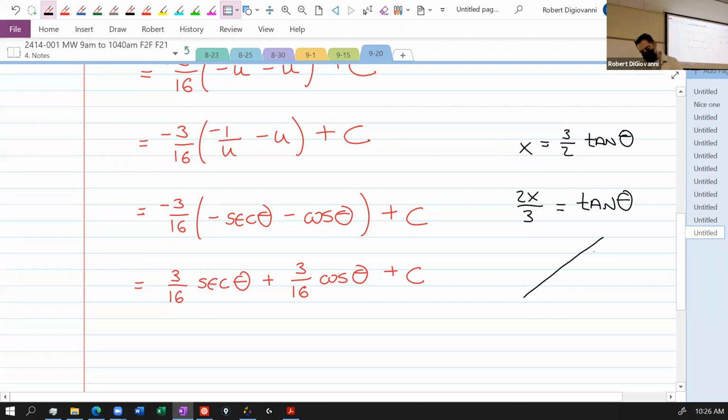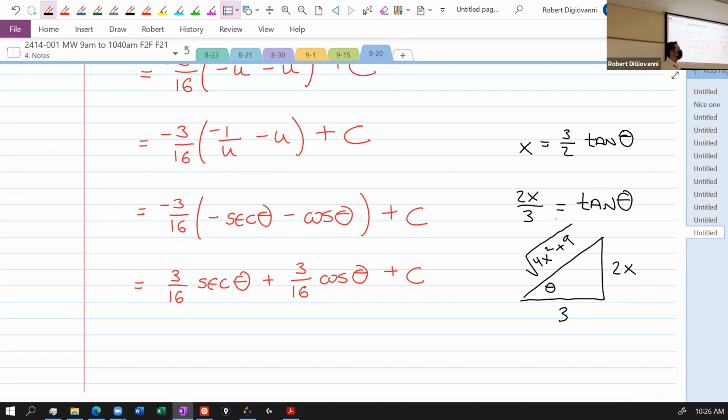So if I draw a right triangle, if this is theta, tangent is opposite over adjacent, then this side will be the square root of 4x squared plus 9. That look familiar? Square root of 4x squared plus 9 is back from the very beginning, right?